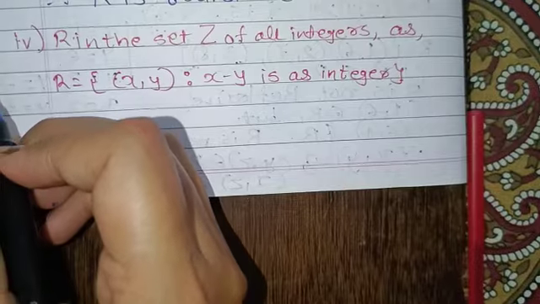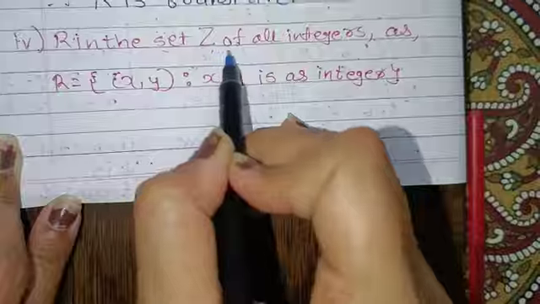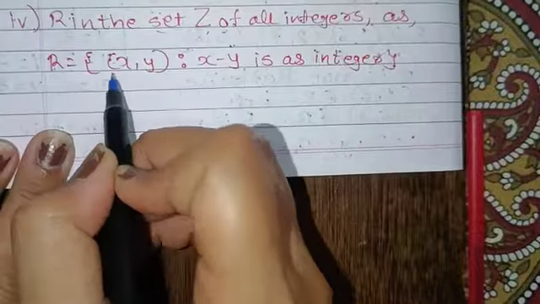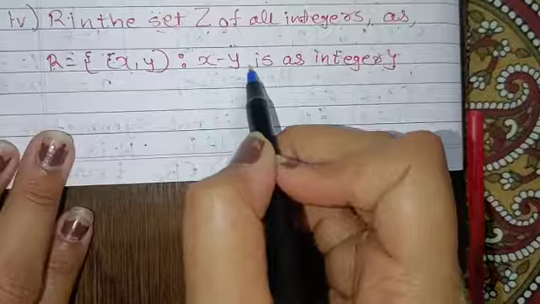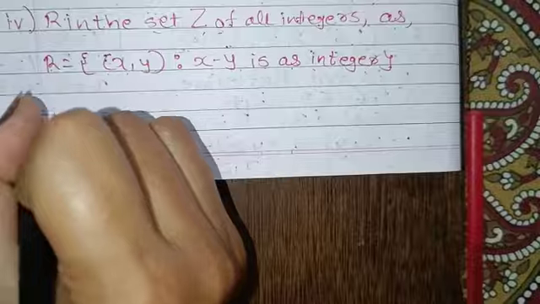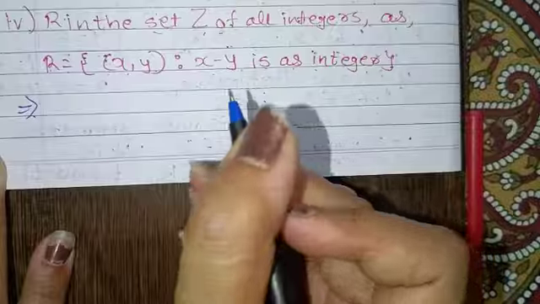Next, in question number 4, R in the set Z of all integers is defined as R equals {(x, y): x minus y is an integer}. First of all, we will check for reflexiveness.